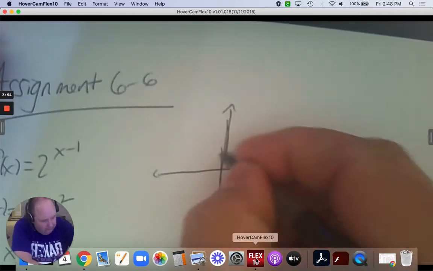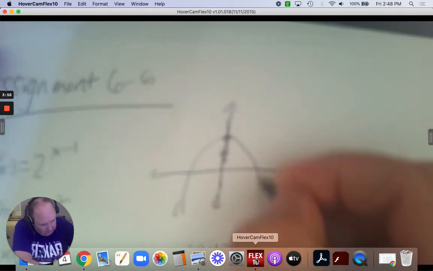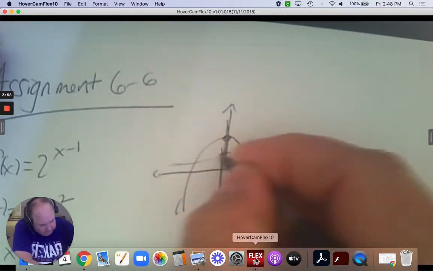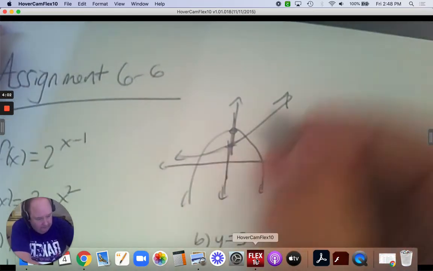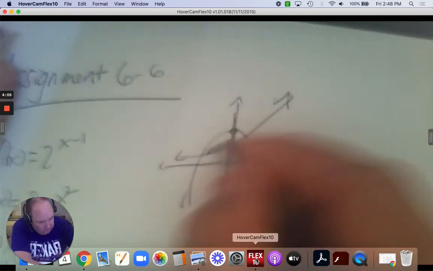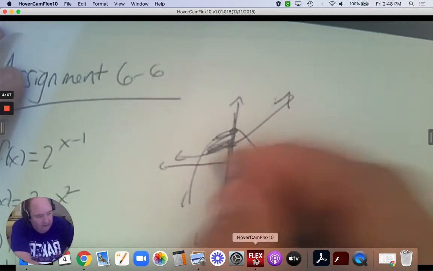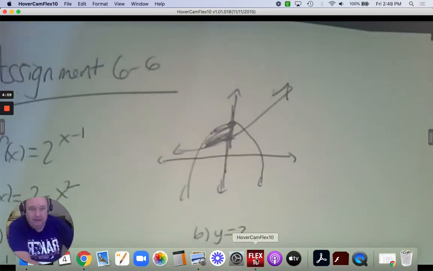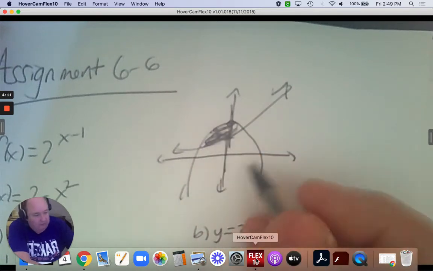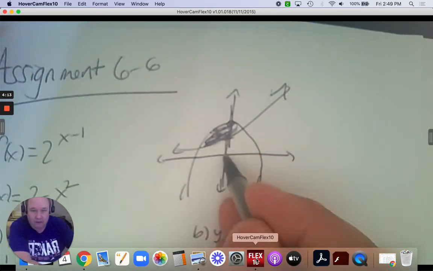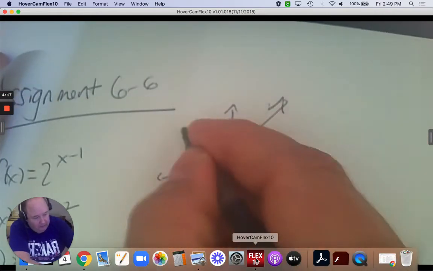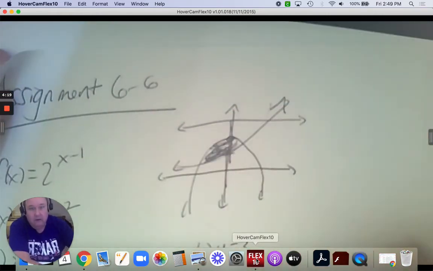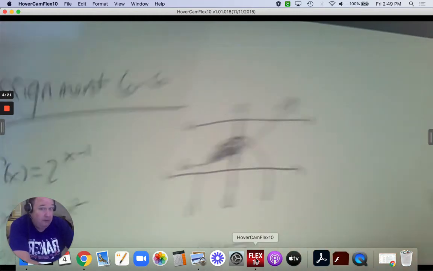There's my parabola, and there's my bad attempt at an exponential. Here's the shaded area. There's a space between the x-axis and there. And when you revolve around y equals 3, that's going to be way above there, and there's a space there too. We need 2 radii.